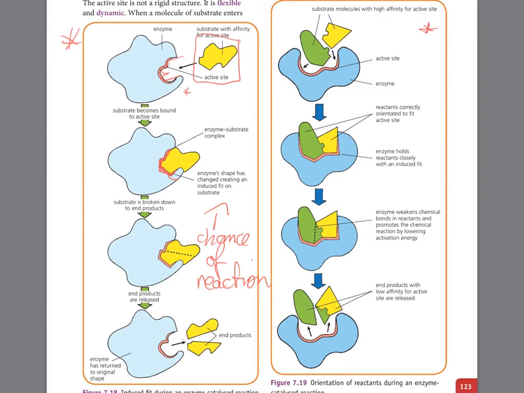So here you'll see here's our substrate molecules that have got the high affinity for the active site. As the substrate molecules come in towards the active site, it changes shape. They orientate the reactants to fit together so that they're held together in a way that the reaction can happen.